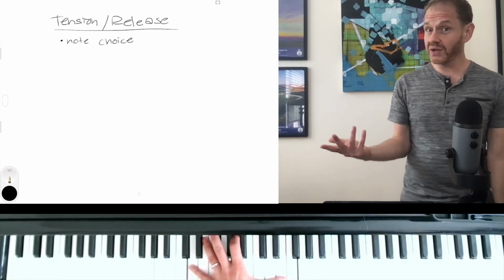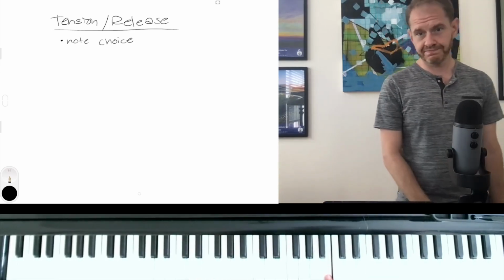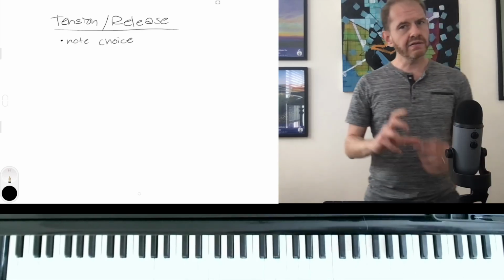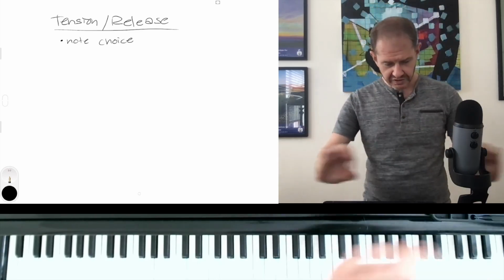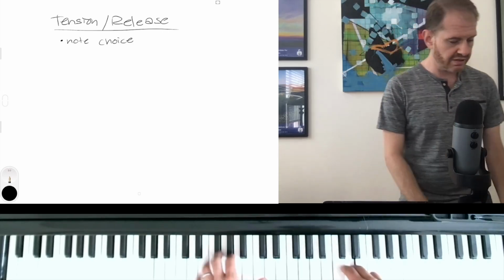It actually totally works, right? Or let's take B, which is maybe the most colorful note. Again, the level of release is not going to be quite as much, but we can set up B to be our release note.